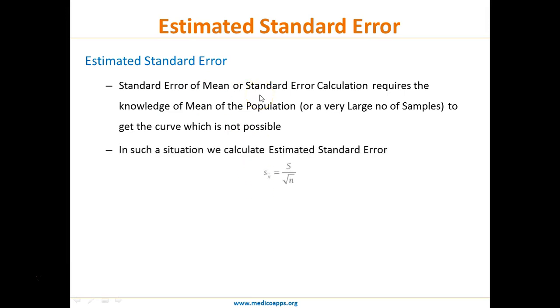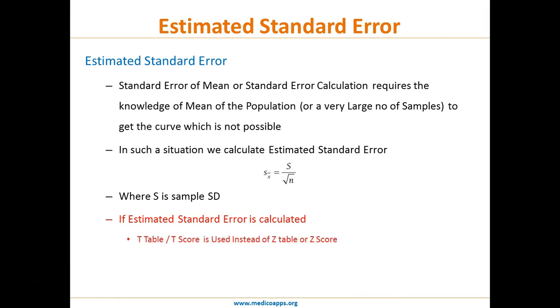Estimated standard error is nothing but the standard deviation S divided by the square root of n, where S is the standard deviation. We will see this again. If we use estimated standard error, there is a tool called the T table or the T score, which is used. T score is very similar to Z score.